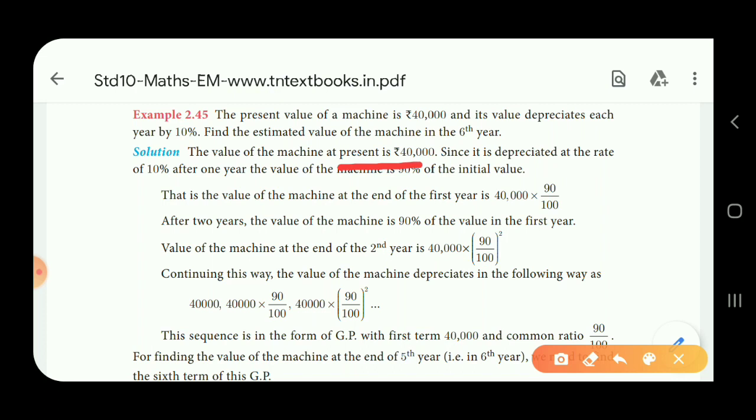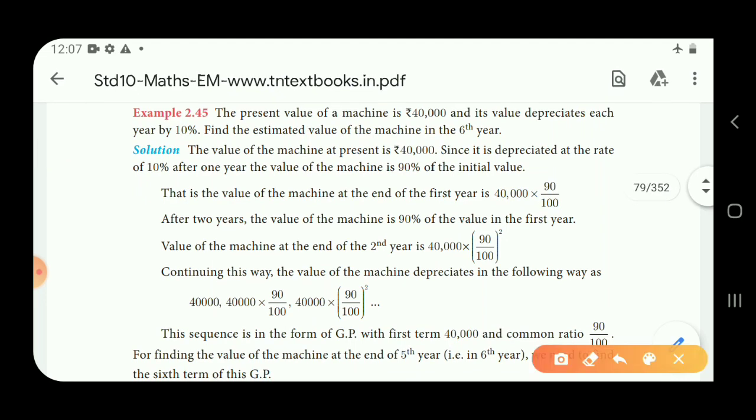Since it depreciates, it decreases at the rate of 10%. After 1 year, the machine is worth 90%, because 10% is reduced from 100%.